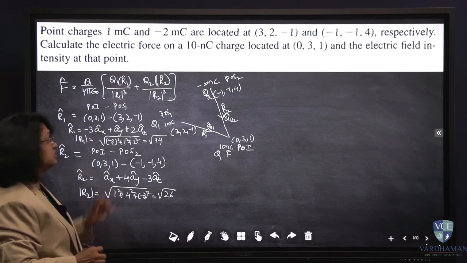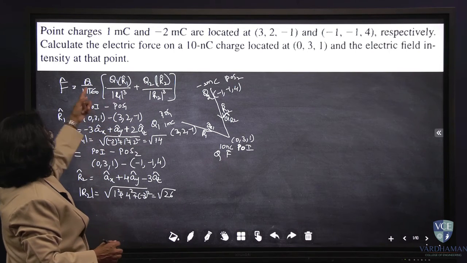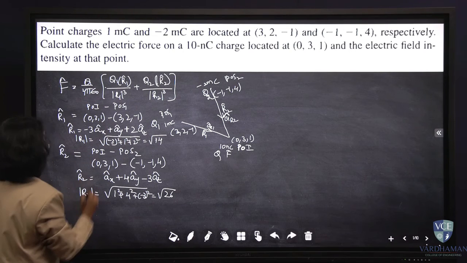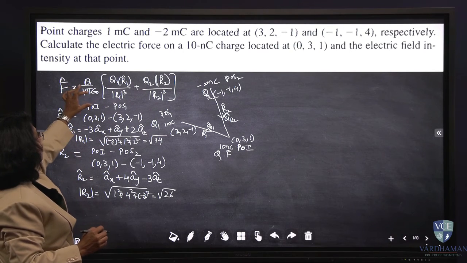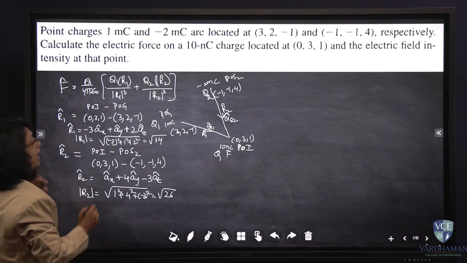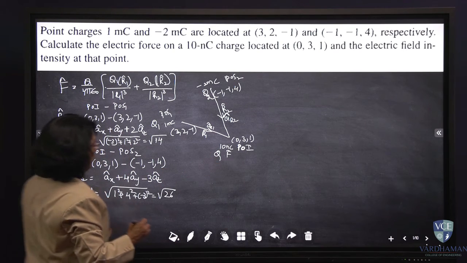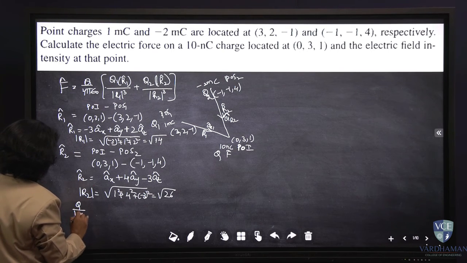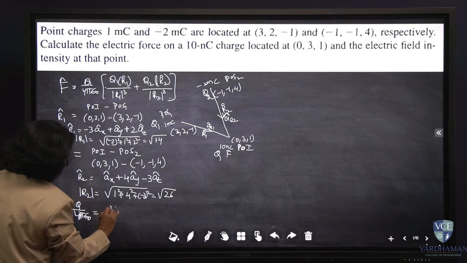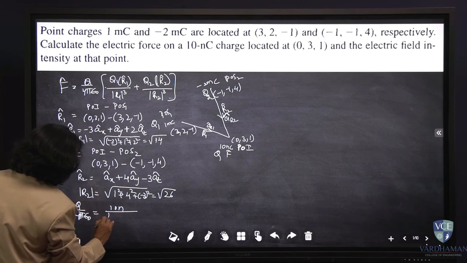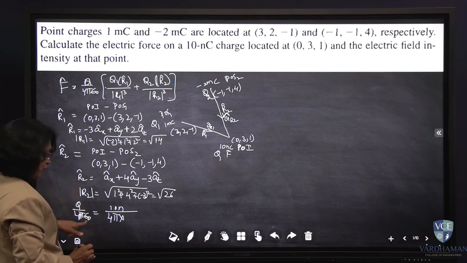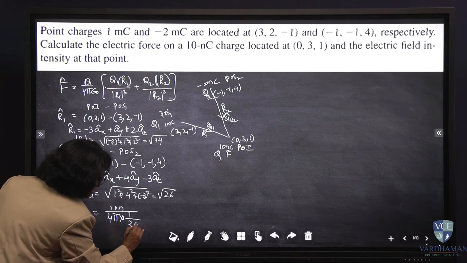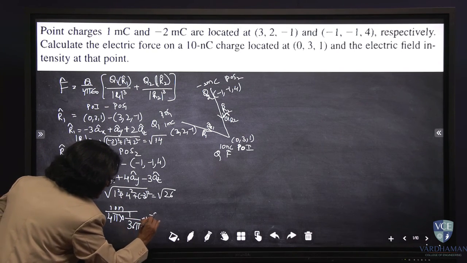Knowing the distance vectors and knowing the charges, we can easily substitute. Also knowing the value of epsilon naught, we will write down the simplified form of 1 by 4 pi epsilon naught here. We also know what Q is, 10 nanocoulombs. Q by 4 pi epsilon naught is 10 nanocoulombs by 4 pi times epsilon naught, where the value of epsilon naught is 1 by 36 pi into 10 power minus 9.